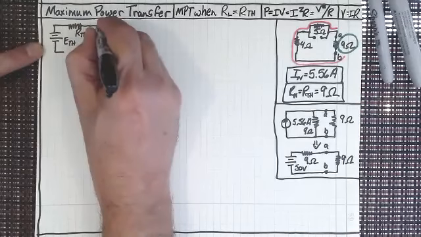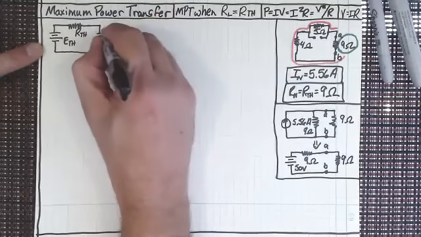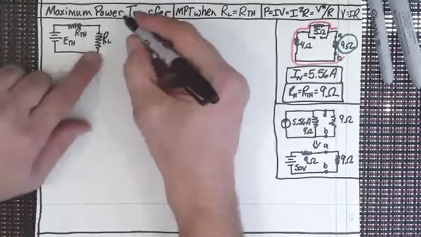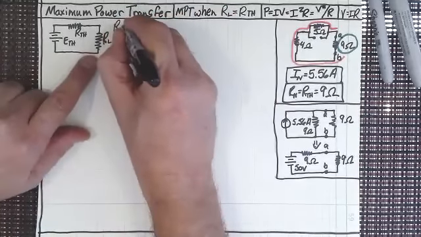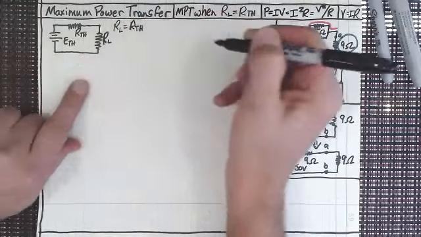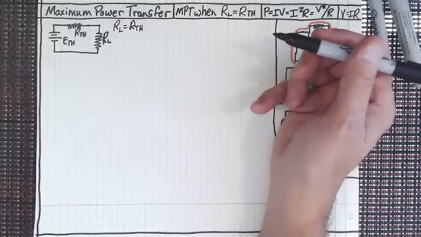And then that's going to go into my load resistor. This is R sub L. And if we say that R sub L equals R sub Thevenin's, then what would happen if we make that assumption?